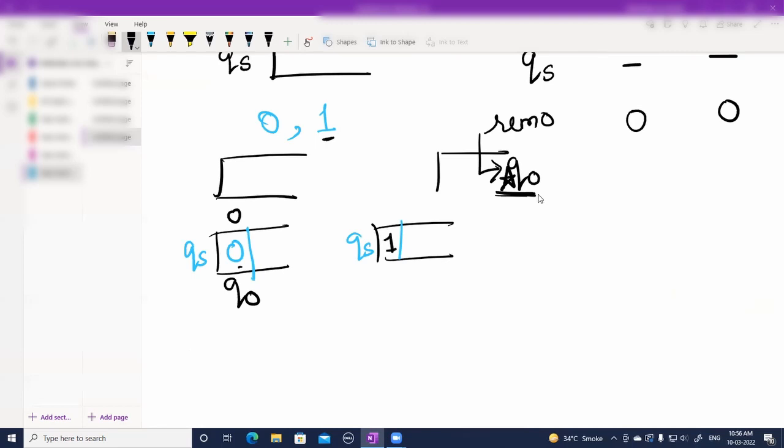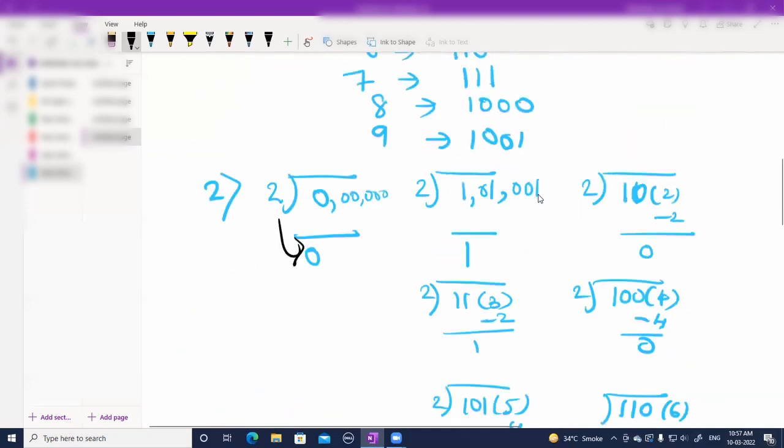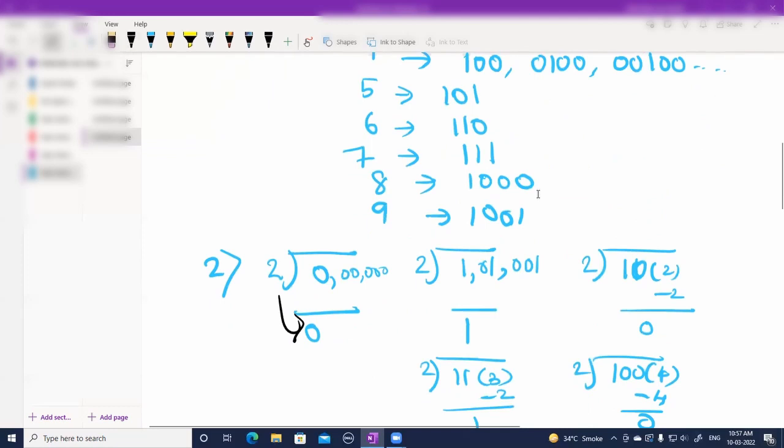Okay. Now, as we have considered only one bit, we have to consider the second bit also, which is 1. So from QS, we can also read a string which starts with 1. Here we considered the string whose first bit is 0. Now this is 1. So now this bit is nothing but the string 1. What was the case with the string 1? What did we generate? We generated remainder 1.